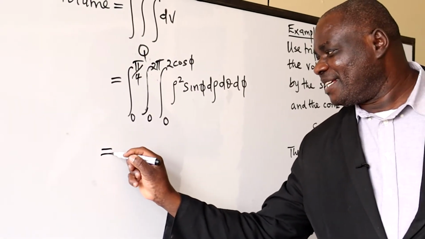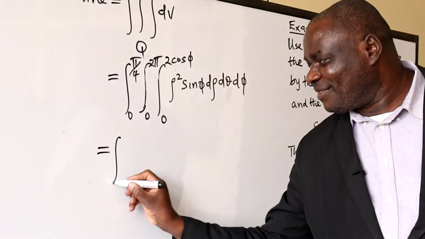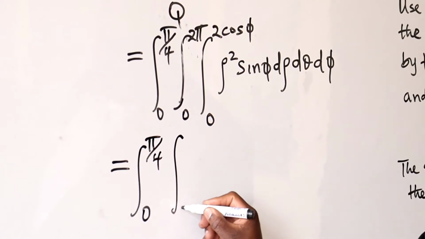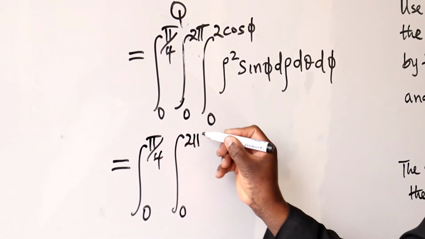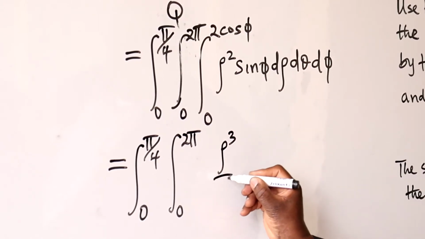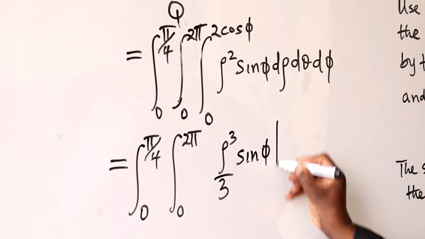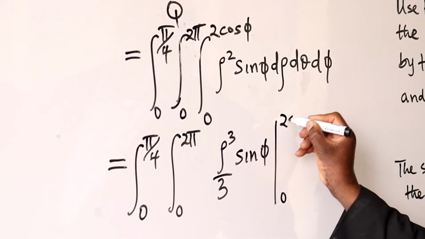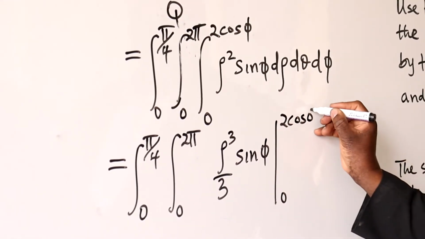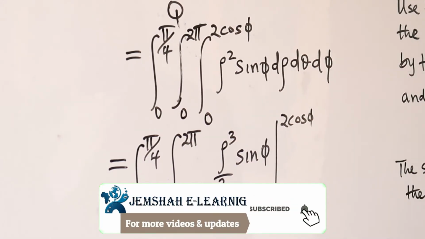So when we evaluate this, we integrate with respect to rho. We get, from 0 to pi over 4, 0 to 2 pi, rho cubed over 3 times sine phi, with limits 0 to 2 cos phi.